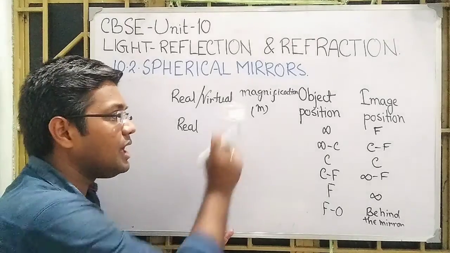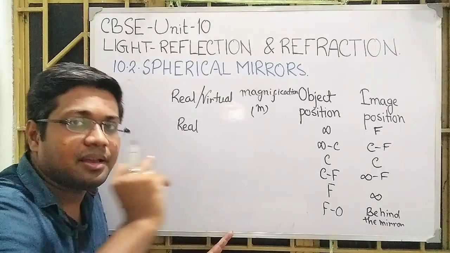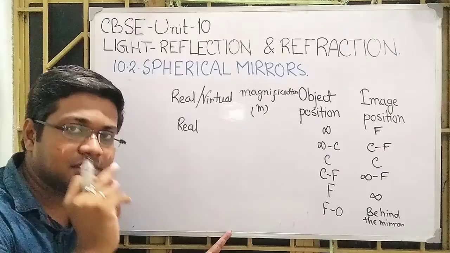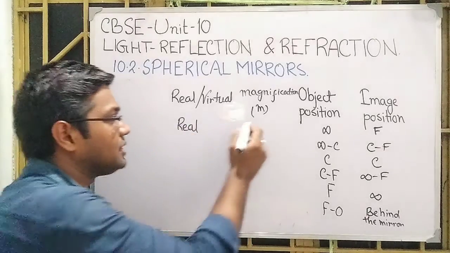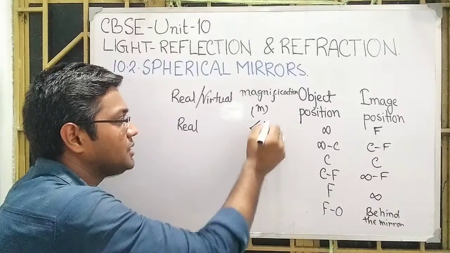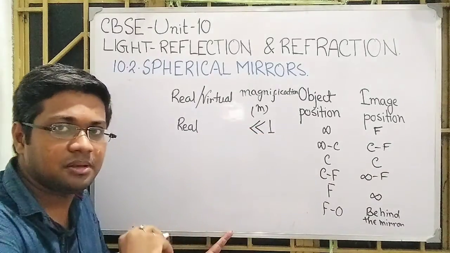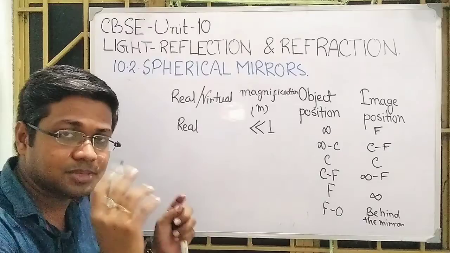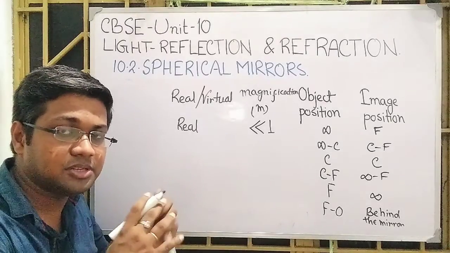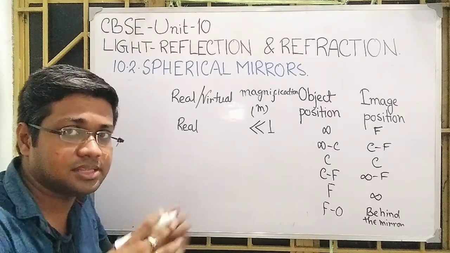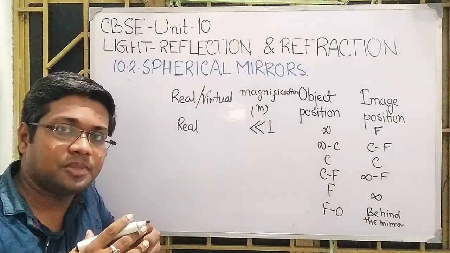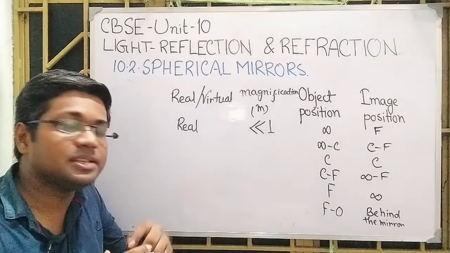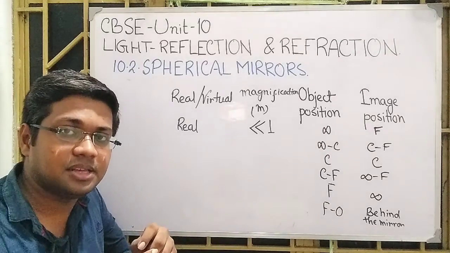Obviously the image formed at the focus is smaller in size than the object. So you can say the magnification is very much less than 1, because the image is very small compared to the object, which is placed at infinity, very large in size, just like when you try to get the image of the sun. Then just think, the magnification is very much less than 1.